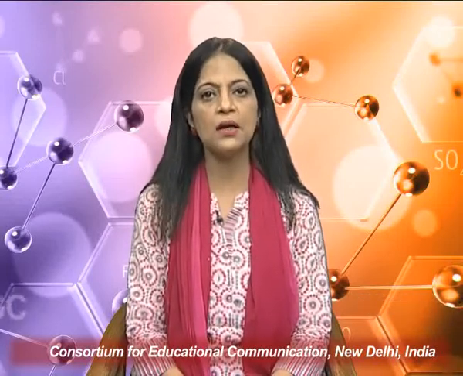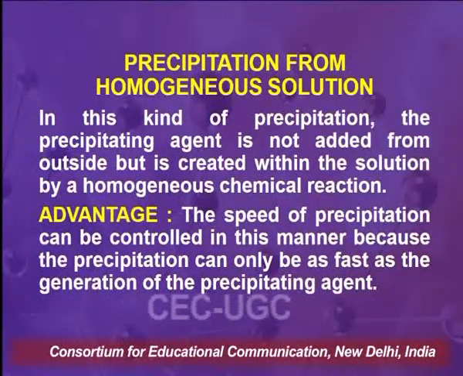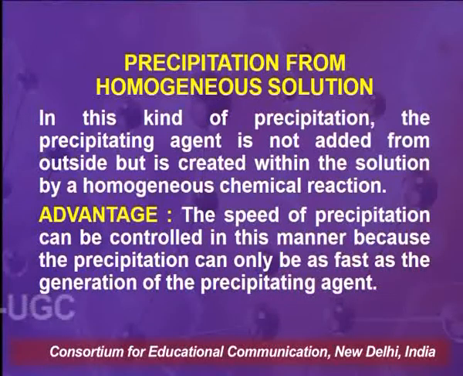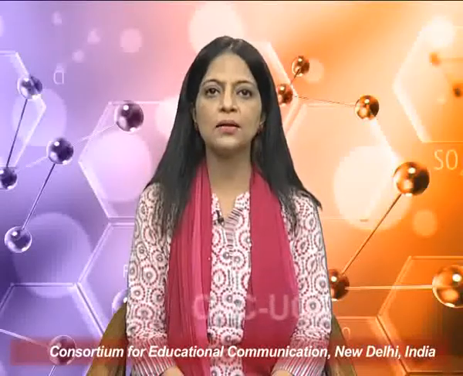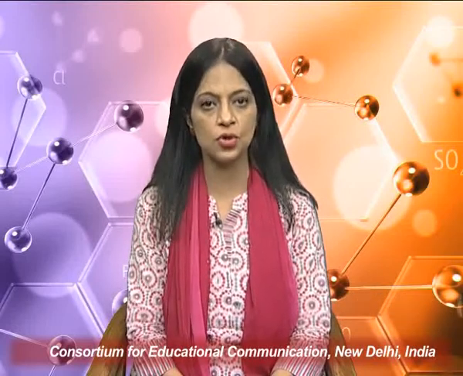So, the speed of precipitation needs to be controlled either by controlling the addition of the external precipitating agent, or the precipitation can be carried out in homogeneous solution where the precipitating agent is created from within the solution.